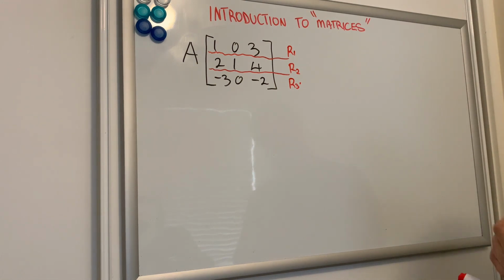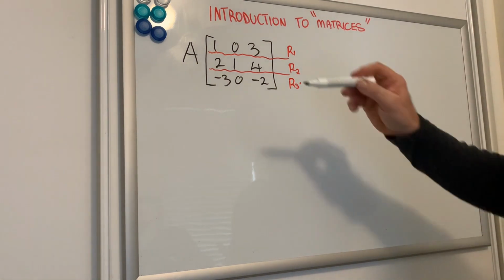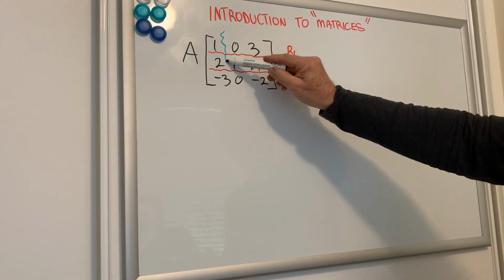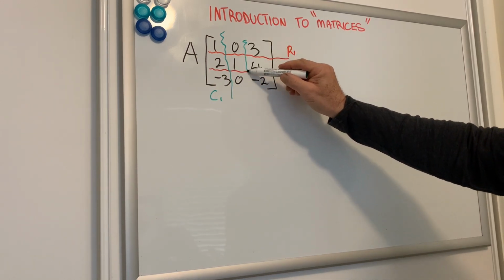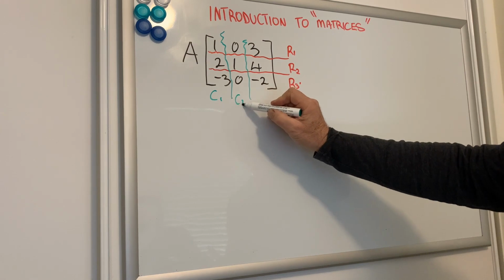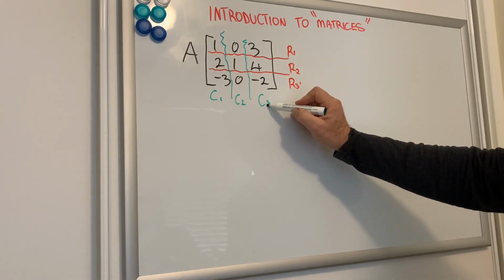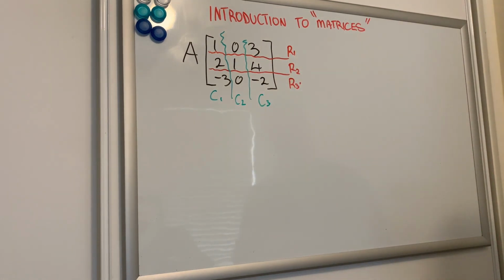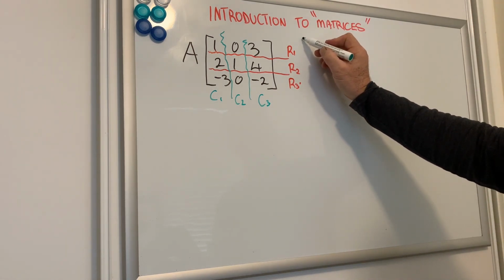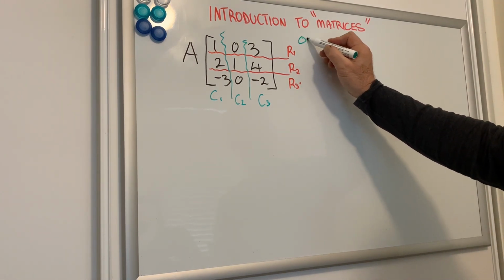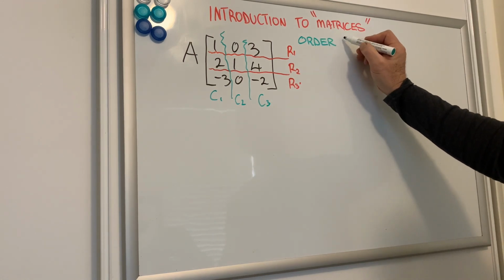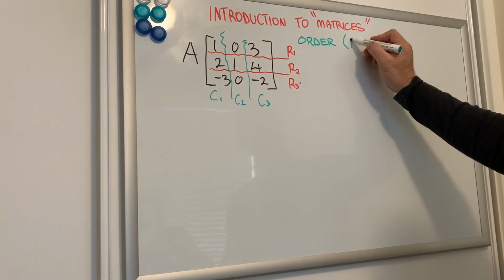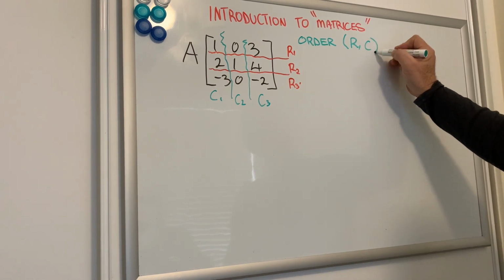We then look at the columns: column 1, column 2, and column 3. So the order of a matrix is referred to as the rows first and then the columns.